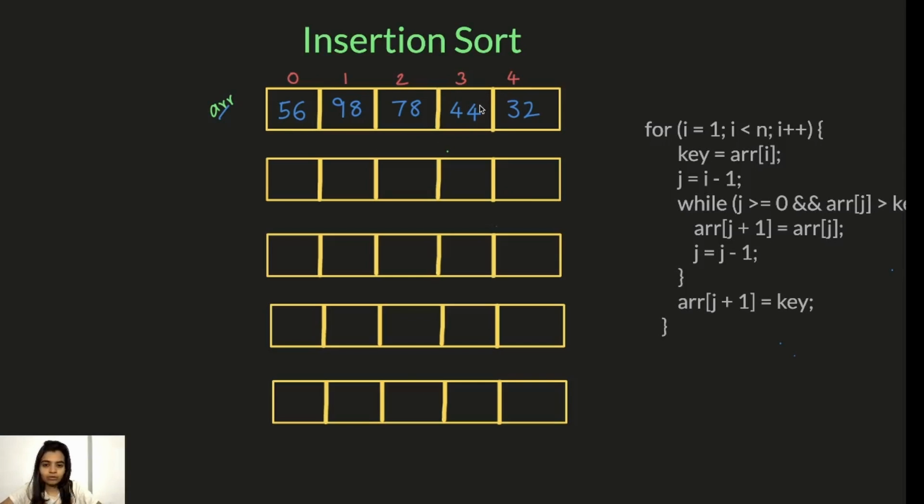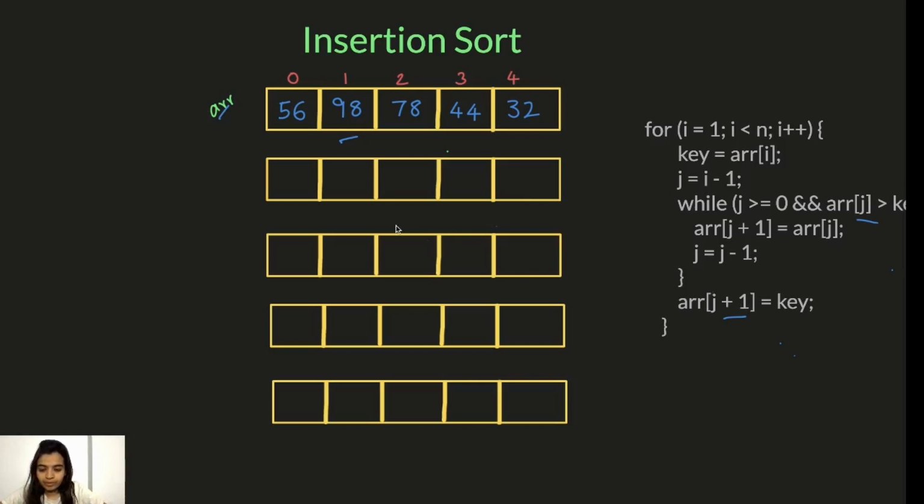What you do first is pick the element at index i, that is the first card, then compare it with the previous cards on the left side, and as soon as you find a card which is greater than the element that you have picked, you place it next to that element.